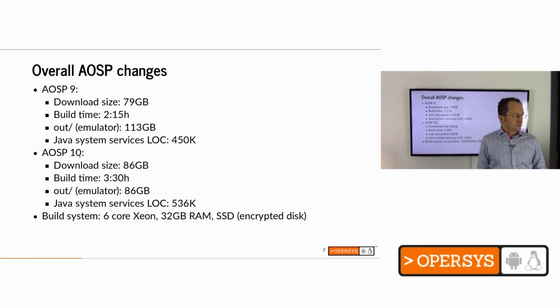So obviously the size has grown a bit. The build times have grown on my machine, so this is the configuration I've got. The only thing that's odd about my system is I'm actually using full disk encryption on it, so that's probably slowing down my builds a bit. I haven't actually timed the difference, but whatever. In my case, I actually have to do that for all sorts of other reasons.